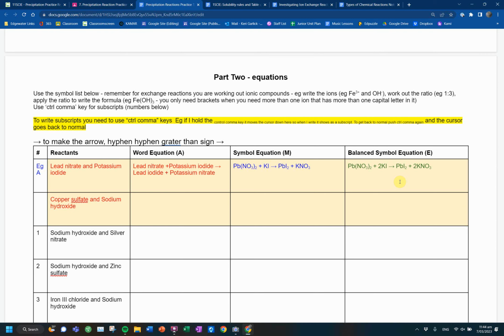Now, this is one component of the excellence, because the other component you have for the excellence is the compare and contrast between the precipitation reaction and the combination reaction. Do you want me to write out any of these so you understand how I got these equations? Yes.